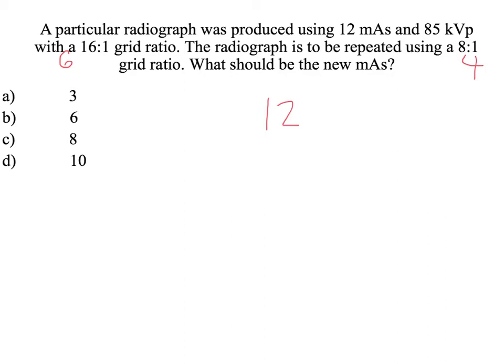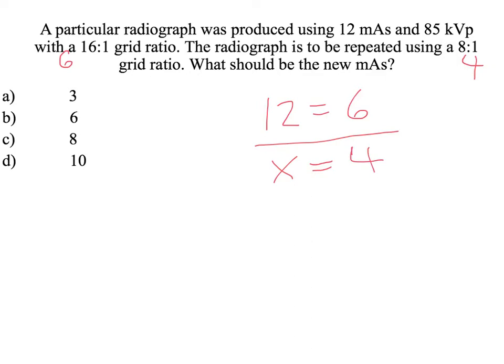I think possibly the easiest way for us to do this, if we want to know what the mass is, they have a formula here. Mass 1 equals grid factor 1 over, we don't know what mass 2 equals, grid factor 2.